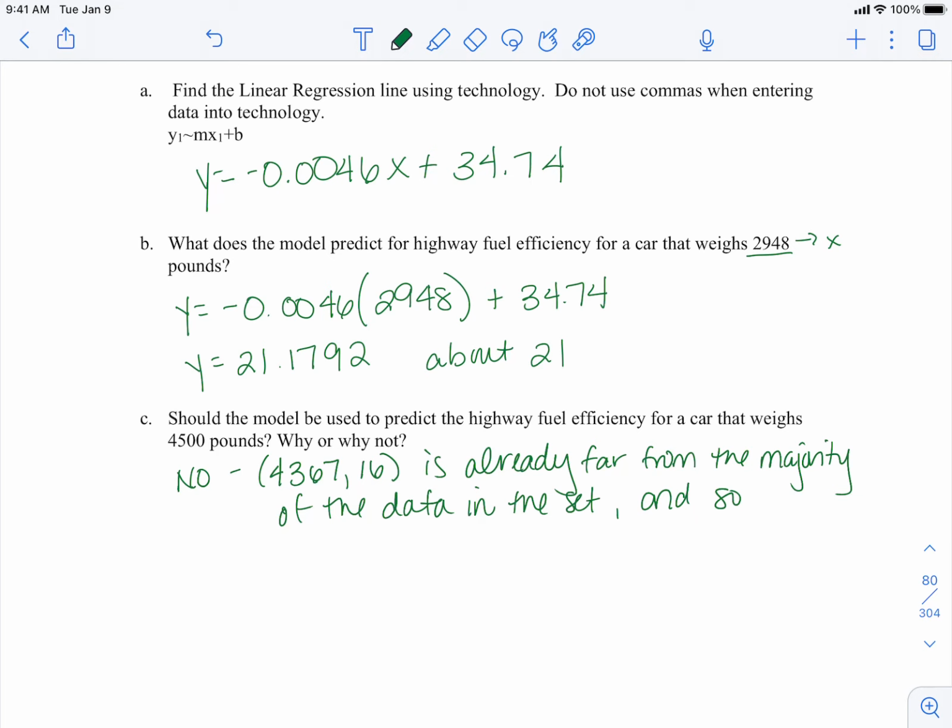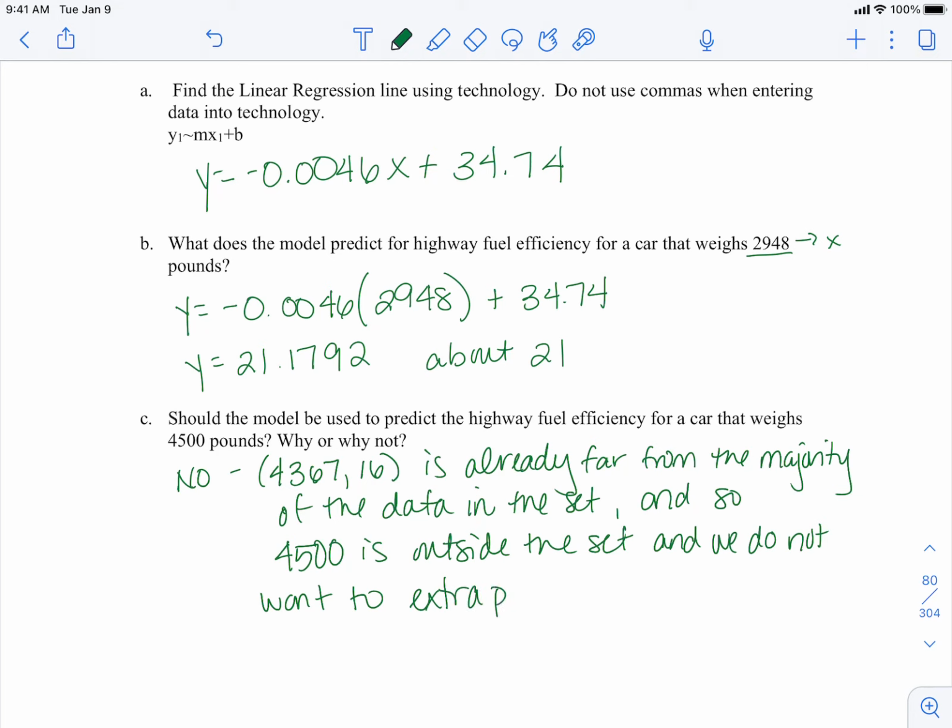And so 4,500 is outside the set, and we do not want to extrapolate as it may not be accurate.